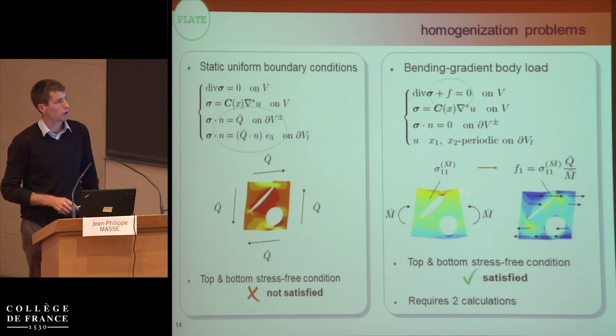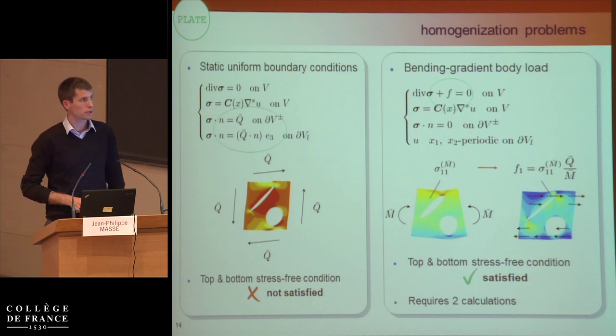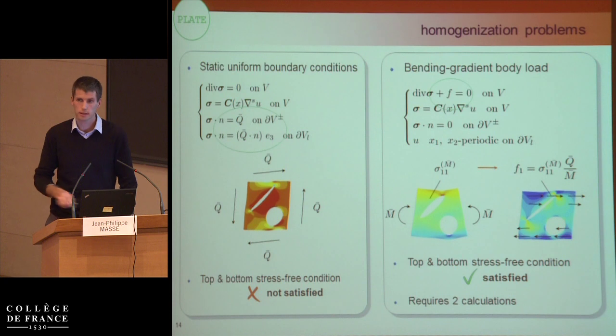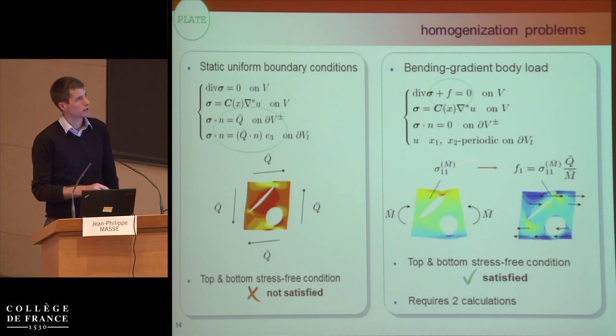Here what we do is just compute the bending solution, so applying a bending moment on the unit cell, and then we take the resulting stress and put it like a body force into the unit cell, and we can demonstrate that the resulting average loading of the unit cell is a transverse shear.